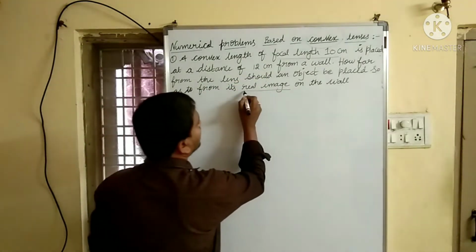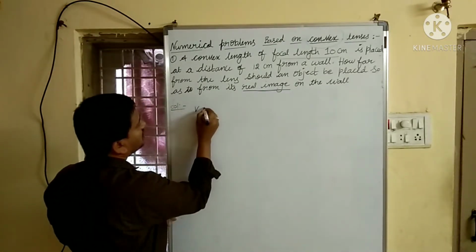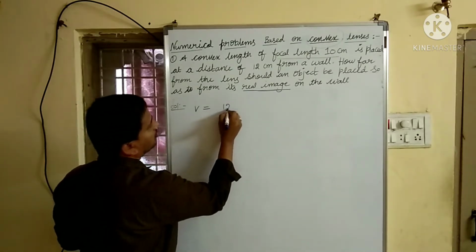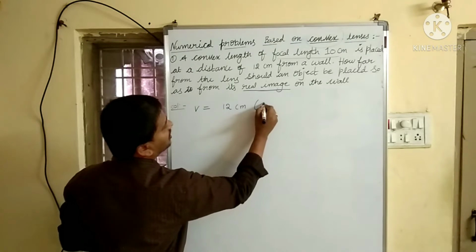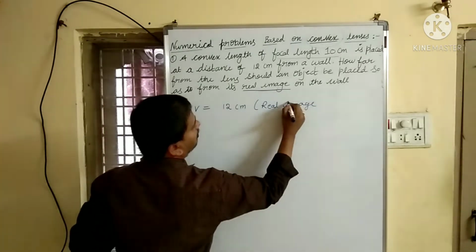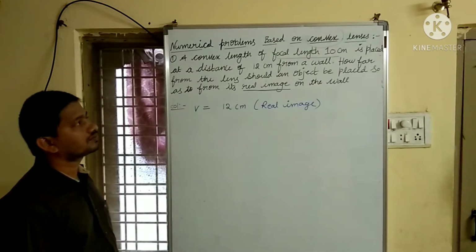And they also said it is a real image. So for a real image from a convex lens, the image distance is 12 centimeter, as it is a real image.